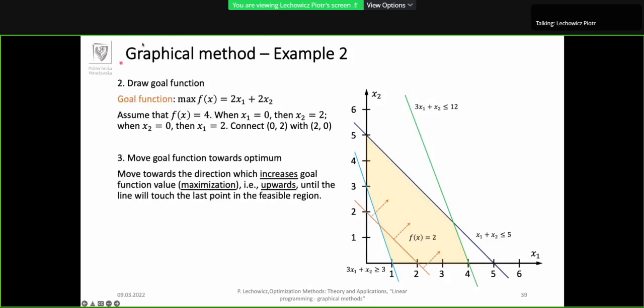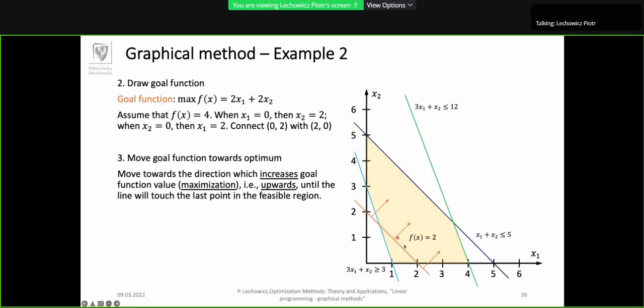Then we are taking our goal function and assuming a certain value for this goal function. Let us assume it's equal to 4, and we are computing 2 points for this function. So we have a level line. So all the points on this line have the objective function equal to 4.